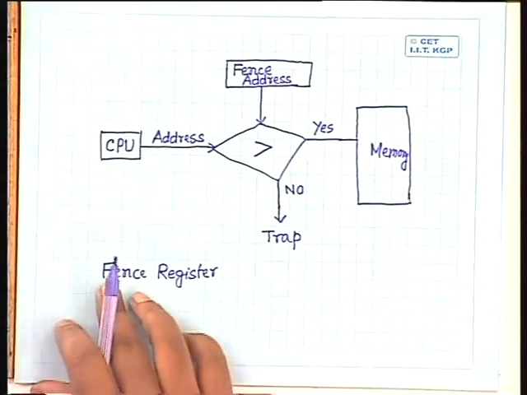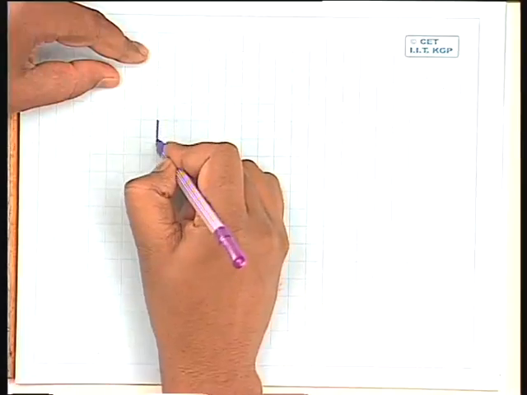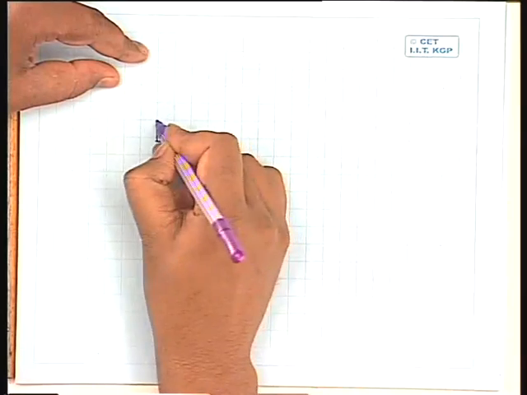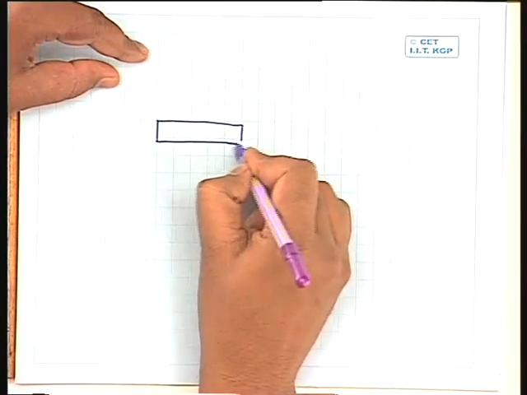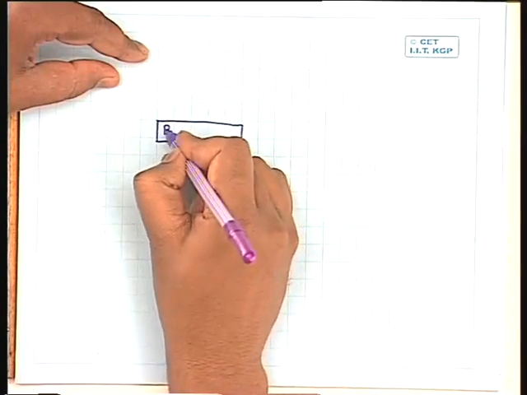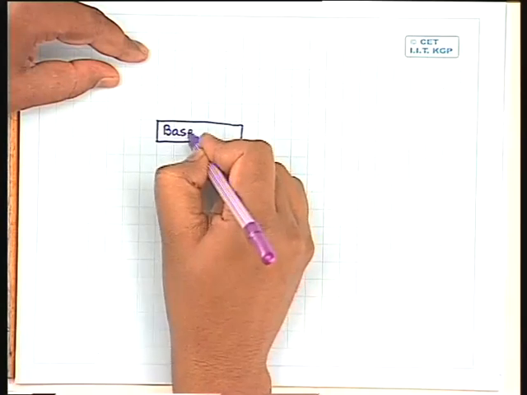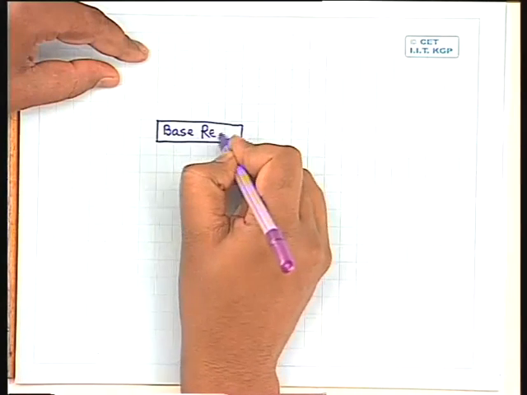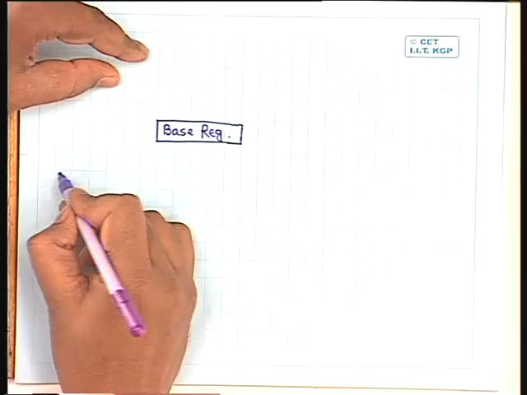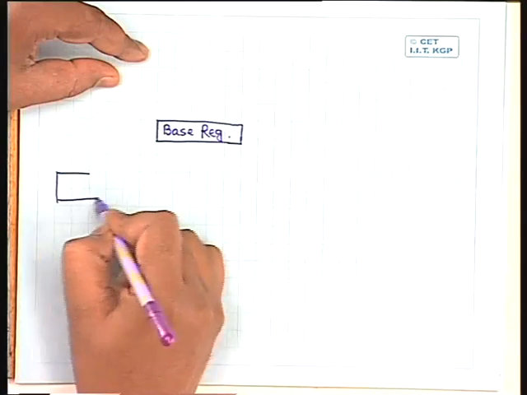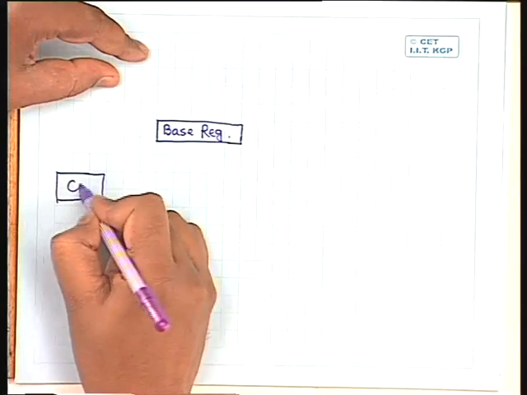Okay, so this scheme will now be slightly different. Instead of fence address, we will have a base address, and the base address will be stored in what is called a base register. The CPU will generate logical address.